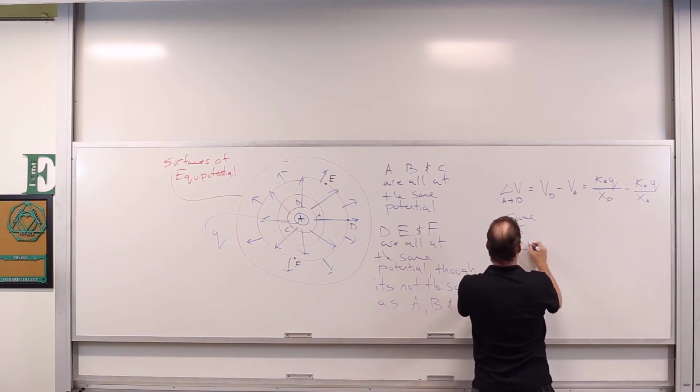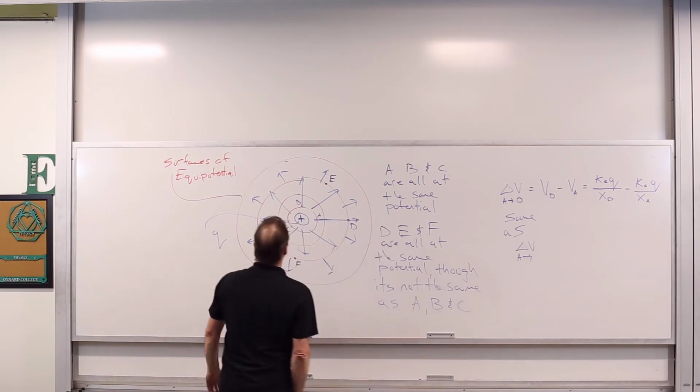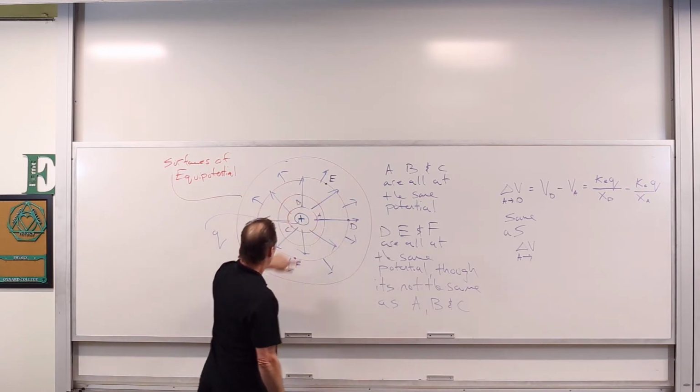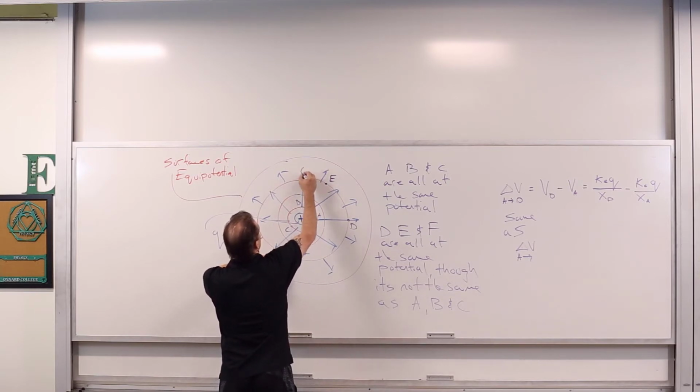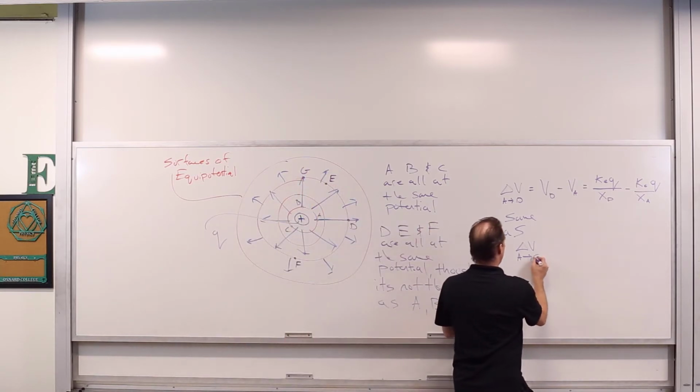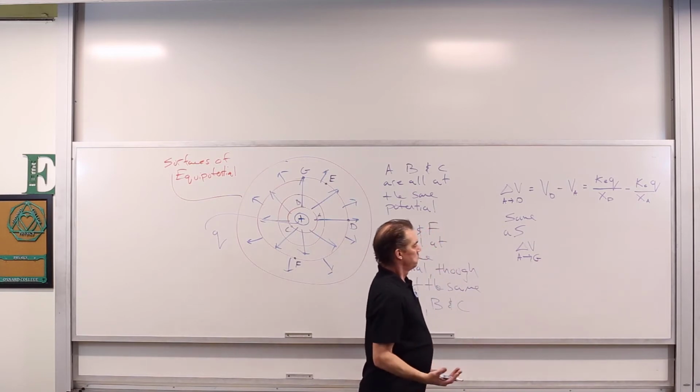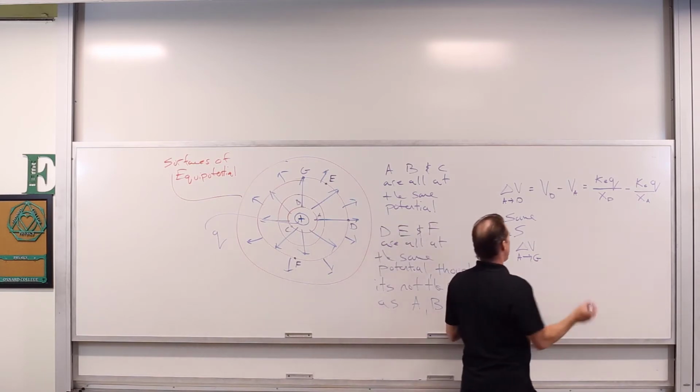Same as delta V going from A to, well, E or F, or throw in another one, G, right above it. A to G. Why is it going to be the same?